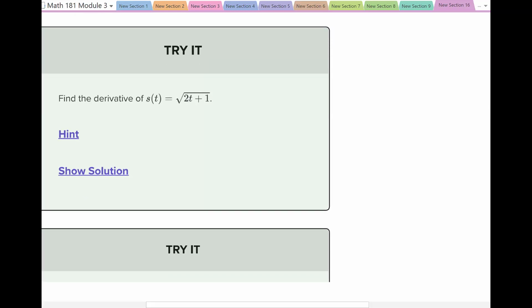Find the derivative of s of t equals the square root of 2t plus 1. I'm going to call this s of t equals 2t plus 1 to the 1/2 power. So s prime of t is 1/2 times 2t plus 1 to the negative 1/2, times the derivative of what's inside, so that's just going to be 2.